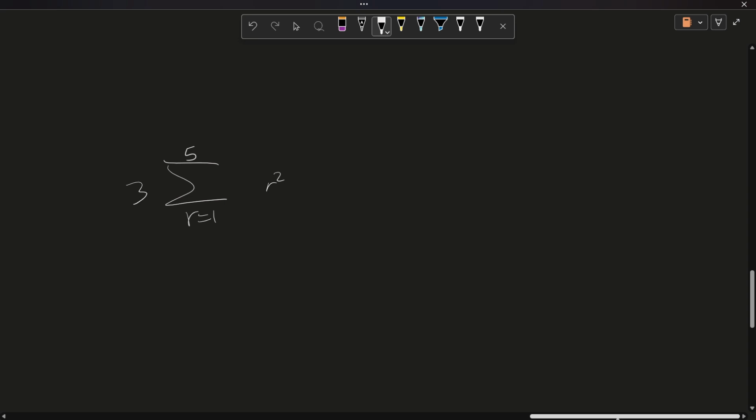Then we plug it into the formula, which would imply that we have 1 over 6 times 5, then 5 plus 1, then 2 times 5. At a point, you're going to stop using the square brackets because you have too many layers.